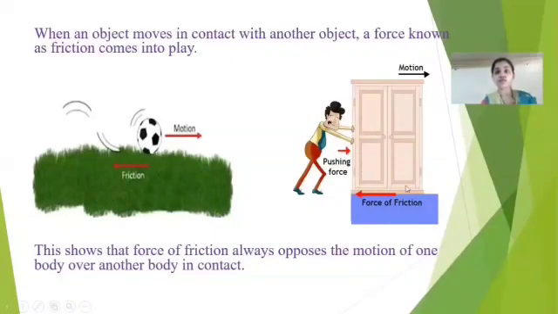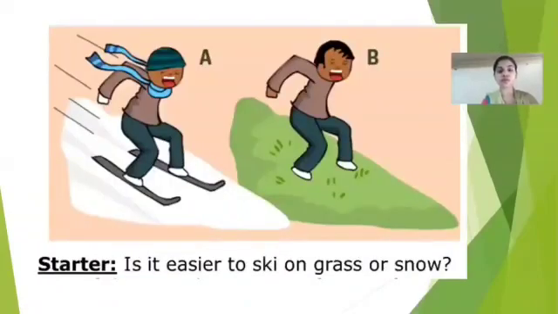If the force of friction is greater than the pushing force, then it is not easy to push it. But if the pushing force is greater than the force of friction, then the motion is possible. The role of the force of friction is to oppose the motion of the particular object. So this is the force of the friction.